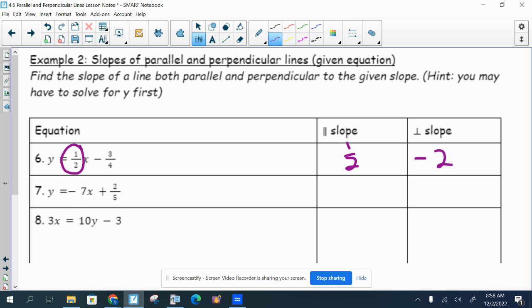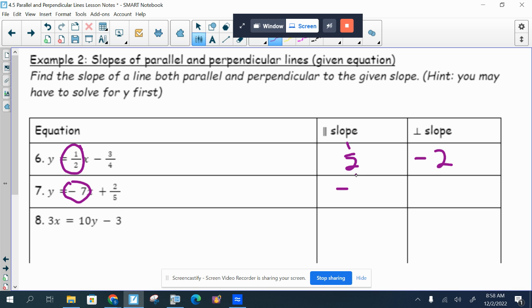For 7, the slope is -7. So the parallel slope is -7. What's the perpendicular slope? It's positive. And then what's the reciprocal of 7? Maggie? Yes. Just like the 9 and the -1/9.